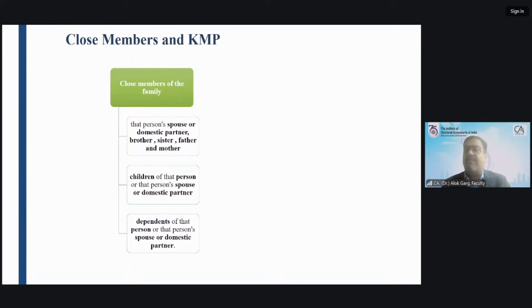And whatever domestic partner, etc. So the companies are taking the declaration from that KMP: the name, relationship, as well as PAN number, and some identity proof. This is what the companies are taking as a declaration from that KMP at the time of the appointment.